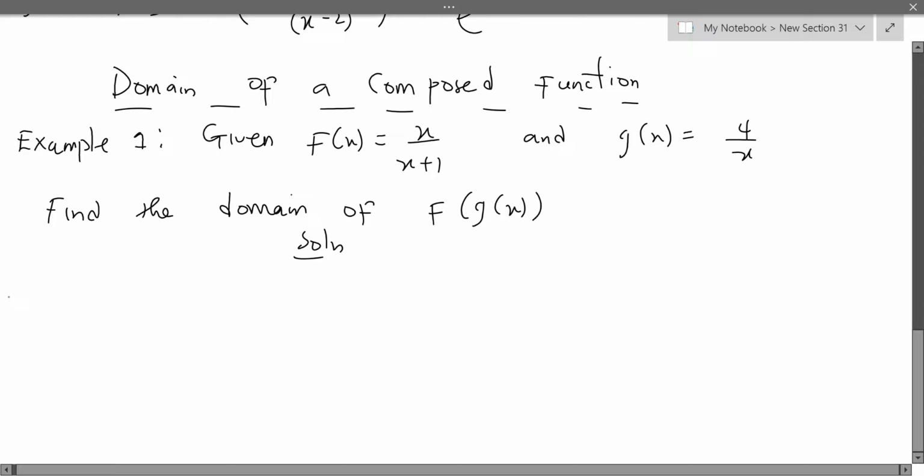Now this is what I'm saying. So we have g of x equal to 4 over x. So what is the domain of this function? The domain of g of x now is the value of x such that x won't be 0. You understand? Because if x is 0, you get undefined.